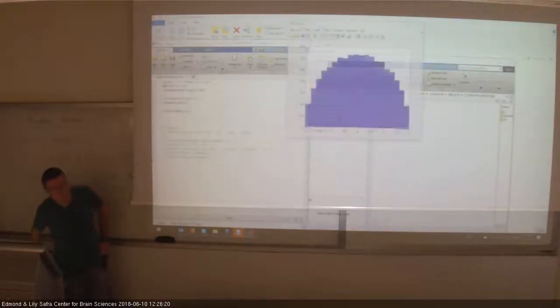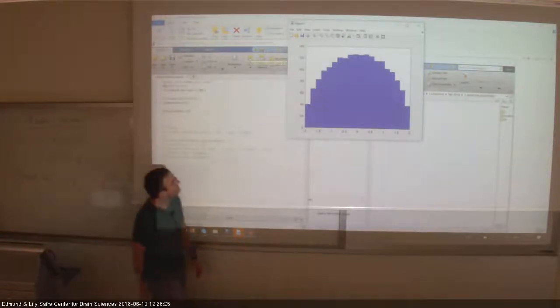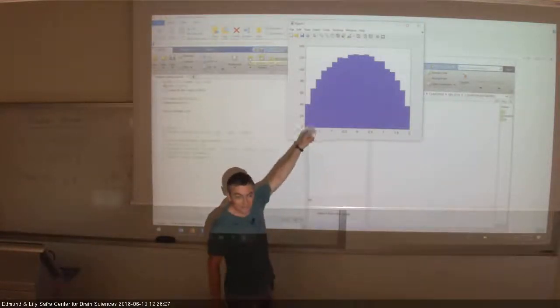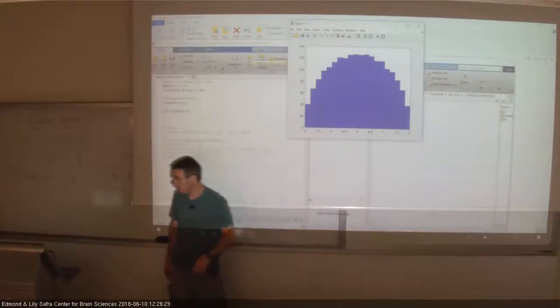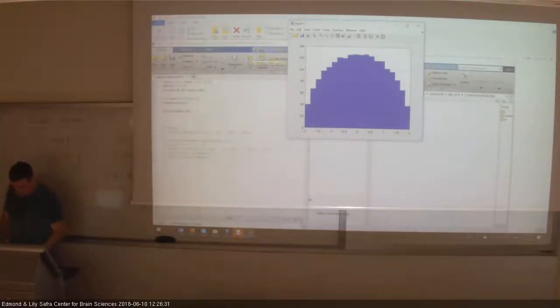and the shape is approximately, well, it's a semicircle. The distribution of eigenvalues is approximately a semicircle, and it turns out that this is not a coincidence.